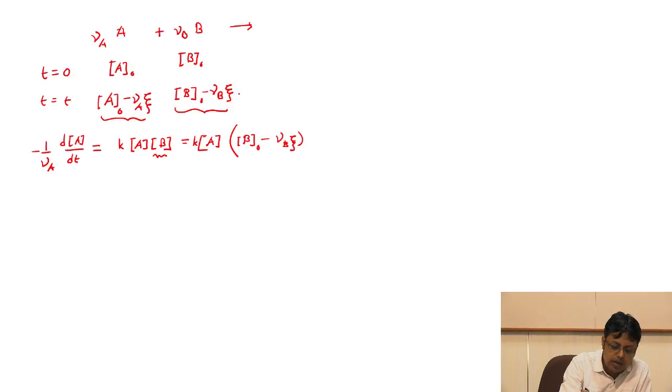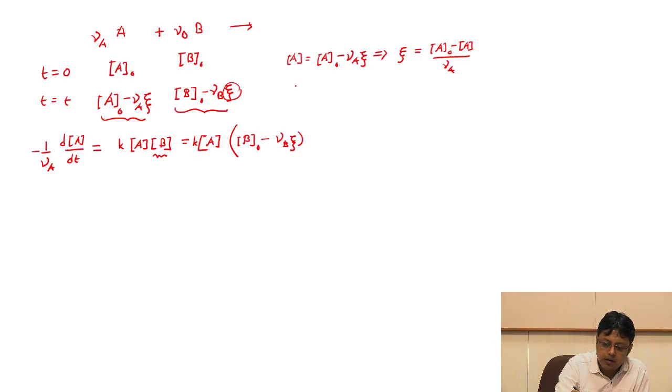But what is the value of xi here? Let us see. I know that a is a0 minus nu a into xi, which means xi is nothing but a0 minus a divided by nu a. And similarly, you can write for b as b0 minus nu b into xi, and you can ask what is xi here?